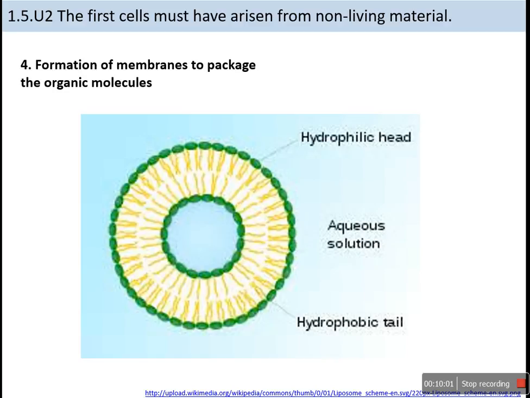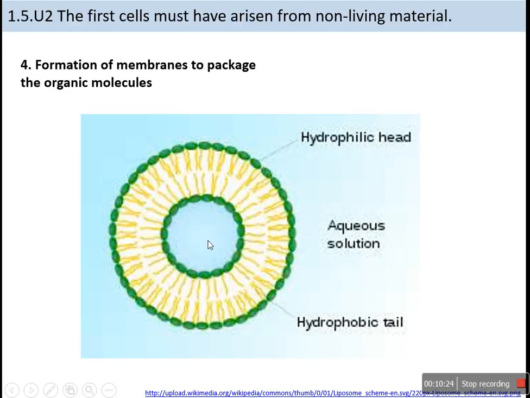So at the moment, scientists have been looking at this, and they've shown that phospholipids naturally assemble into bilayers if conditions are correct. Now, the formation of a bilayer creates an isolated internal environment. So this is the isolated internal environment.